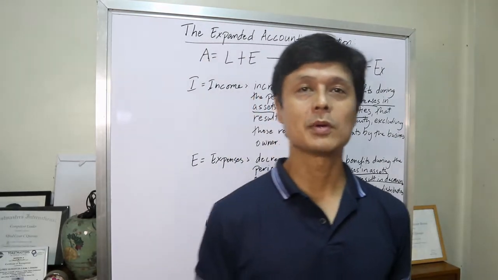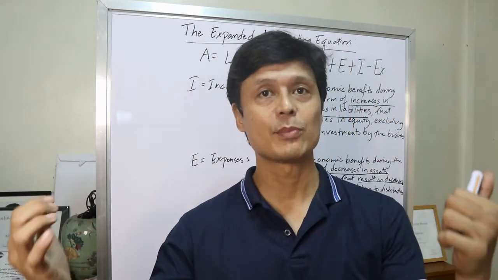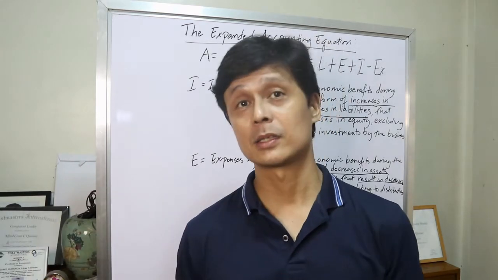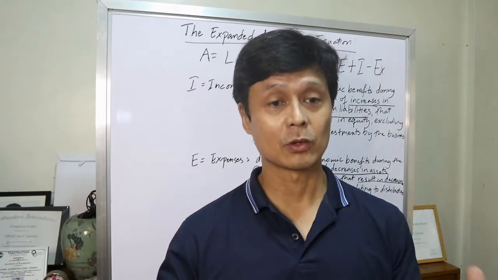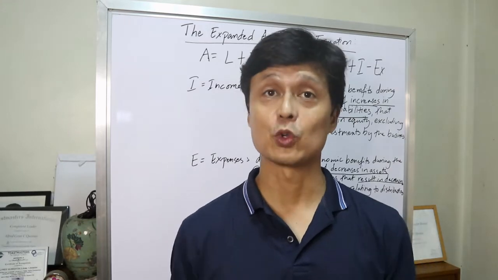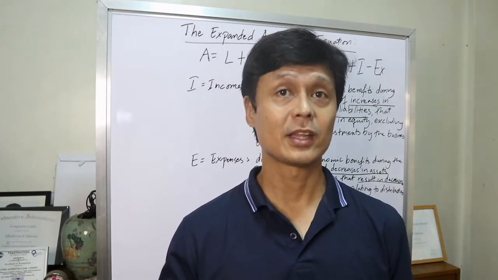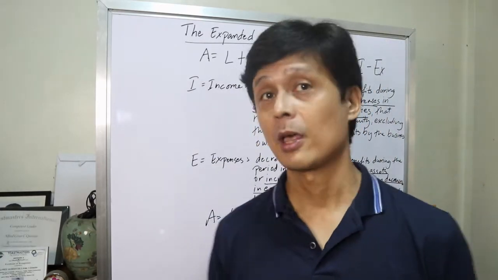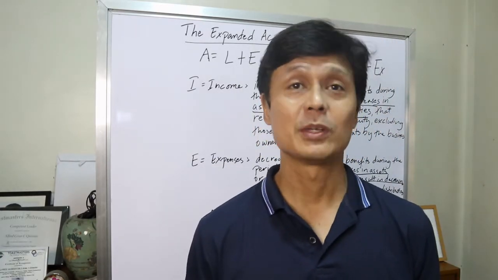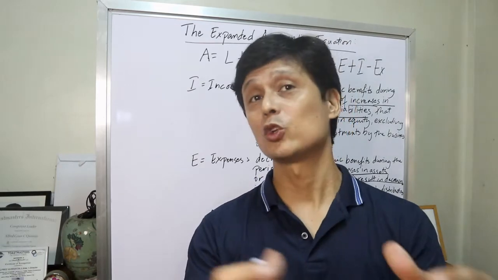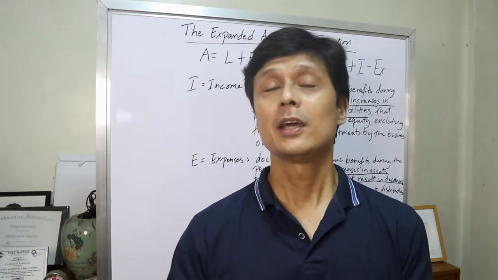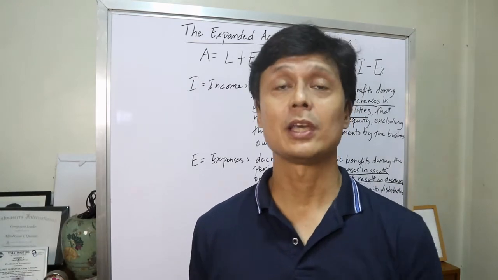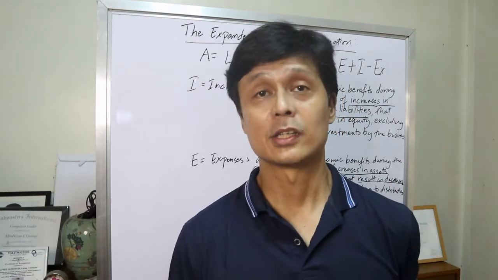So pagka net income, ang ibig sabihin lang yan, mas malaki yung income na kinita o yung perang pumasok kaysa doon sa perang lumabas. No, so kung let's say successful yung operation ng company, then net income, addition yun dun sa equity, in turn addition also dun sa asset. Pagka naman net loss, ibig sabihin mas malaki yung expenses kaysa dun sa income na pumasok, then it is a decrease to the equity, and also decreases the assets.